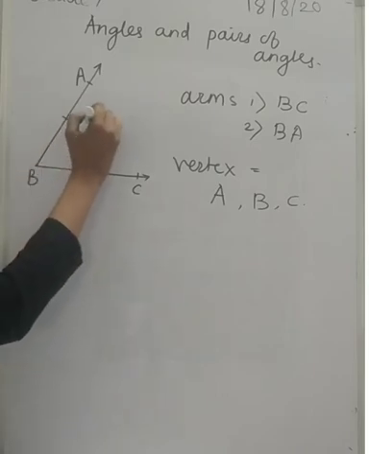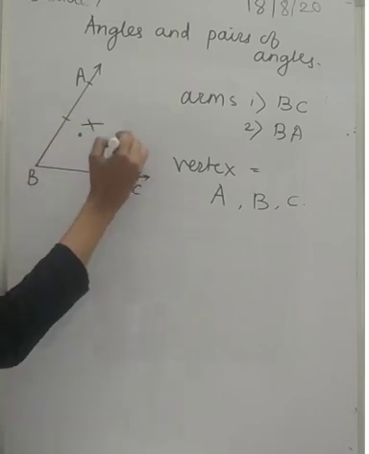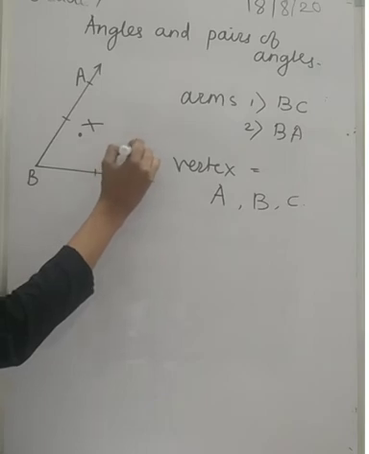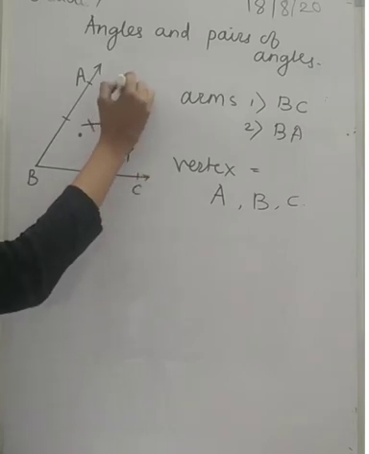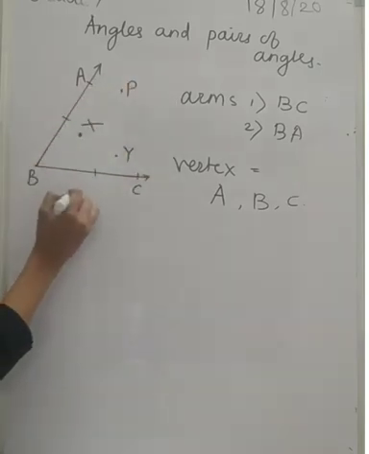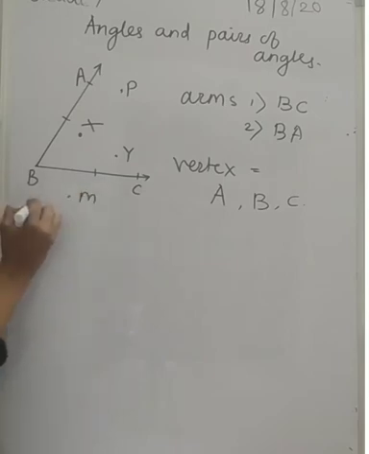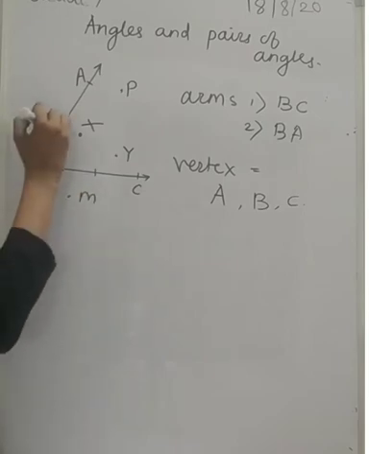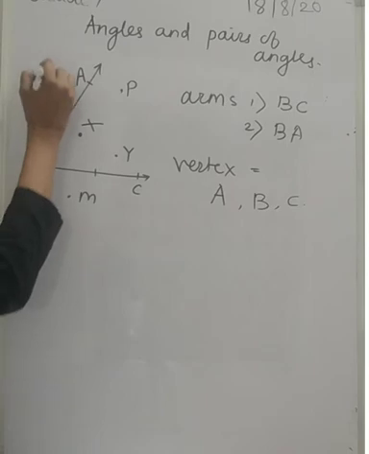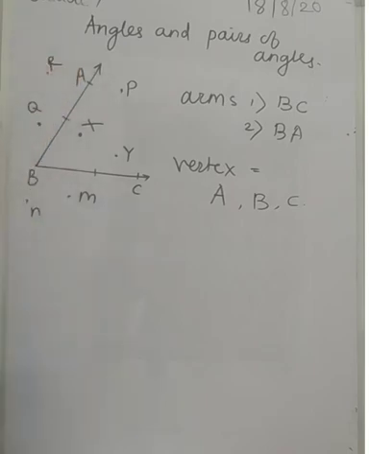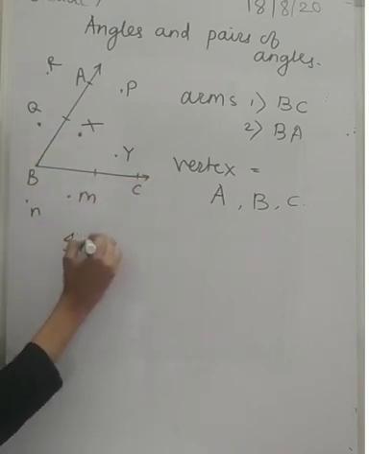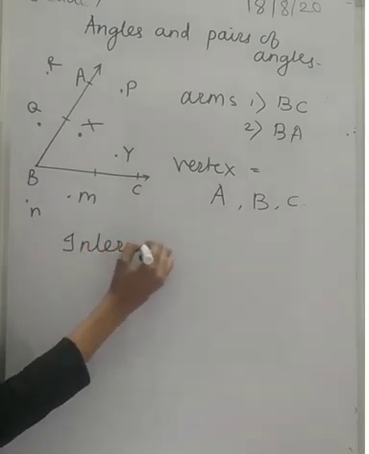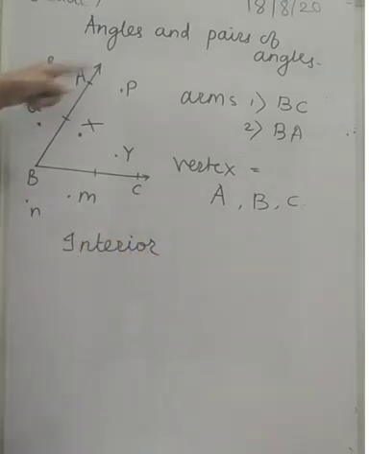And if I give a few more points, N, Q, R, then the points which are inside this angle are called points in the interior, the interior of an angle.